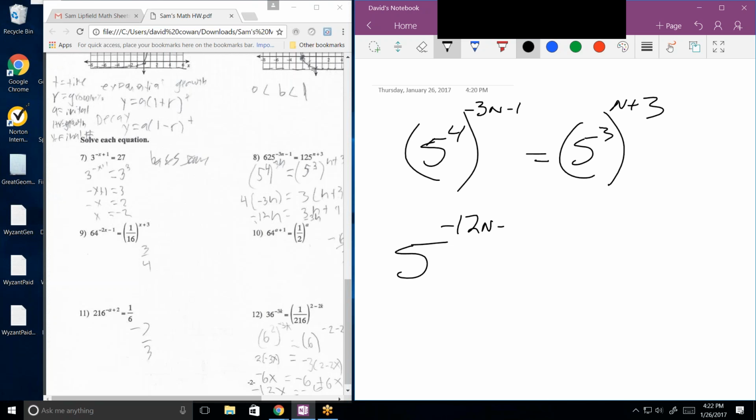And on the other side, multiply the exponents. 3n plus 9. And again, we have the same base to one exponent equals the same base to a different exponent.